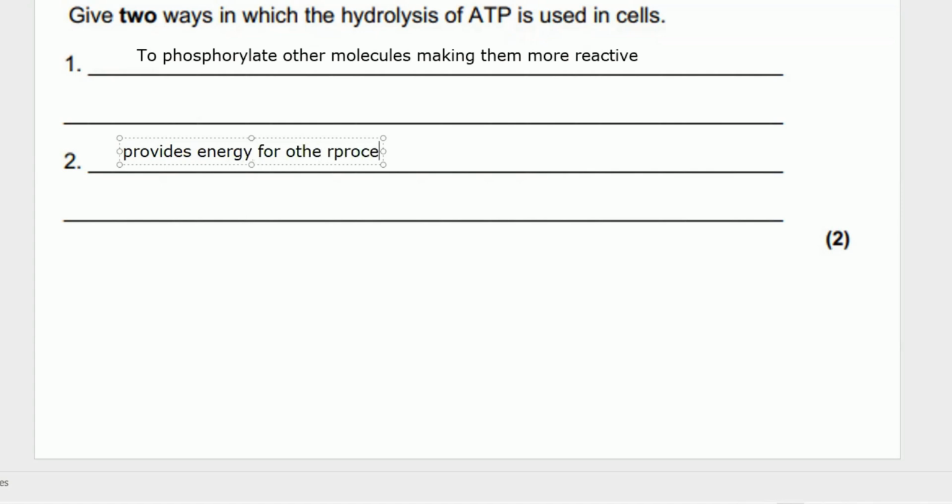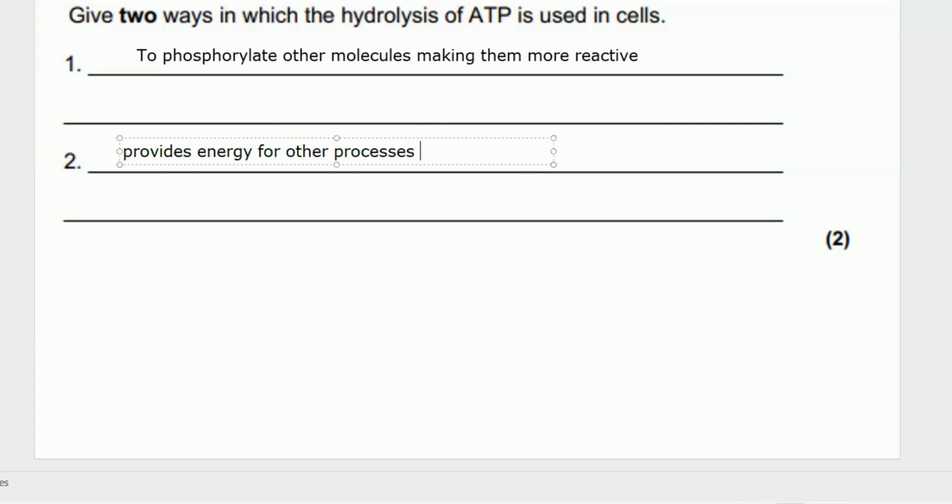If you think about the chloroplast in the photosynthesis reactions, in the light dependent reaction, we need to transport those hydrogen ions across the thylakoid membrane as well, and that uses active transport, which requires molecules of ATP. So ATP provides energy for lots of different processes in the cell, and you could give an example, for instance, the active transport of hydrogen ions.